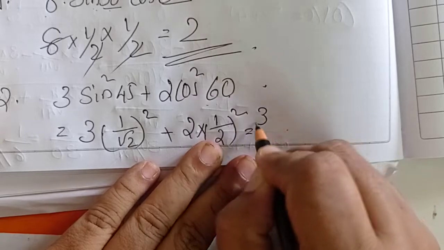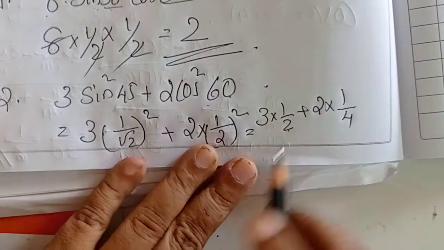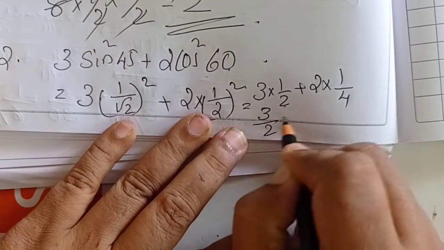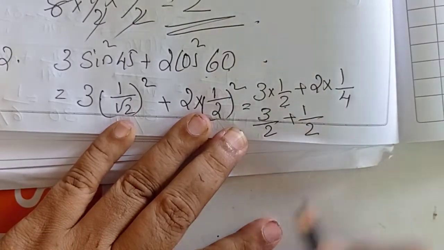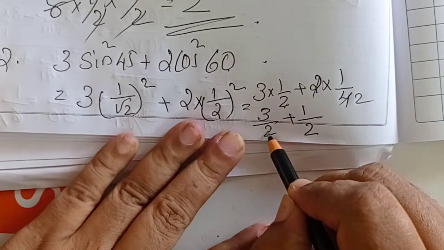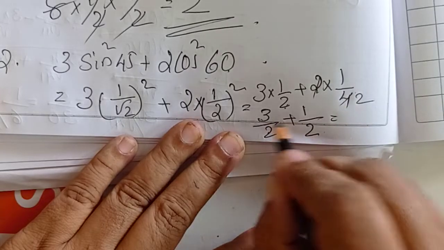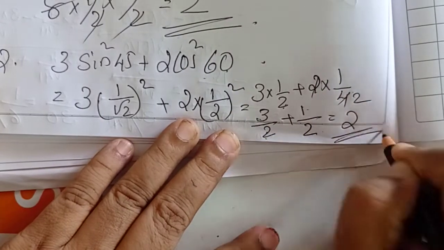Therefore, 3 into 1 by 2 plus 2 into 1 by 4. You will get 3 by 2 plus 1 by 2. Got it? 2 and 4 cancel 2. What is 3 by 2 plus 1 by 2? 3 plus 1, 4 by 2 is 2.